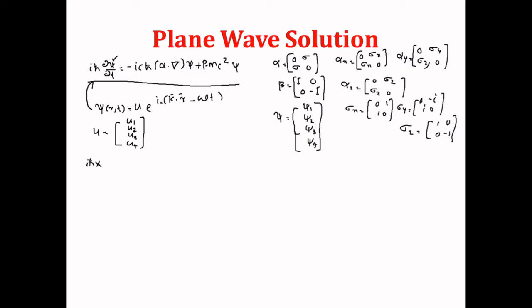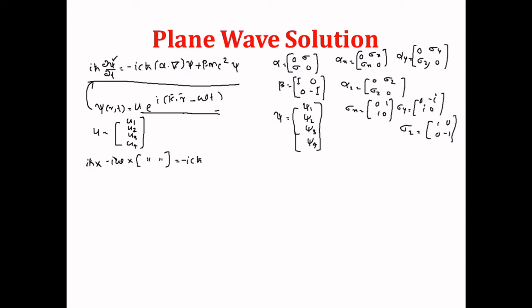But here there is a term minus iωt, so the derivative of this term is minus iω. So you will get iħ into minus iω into u into e raised to i(k·r − ωt), equal to minus iħc.